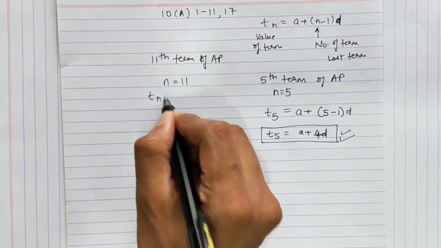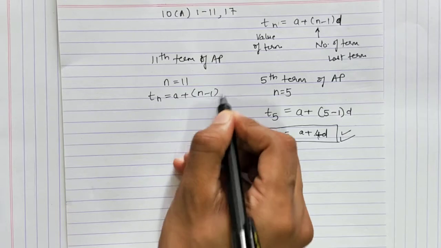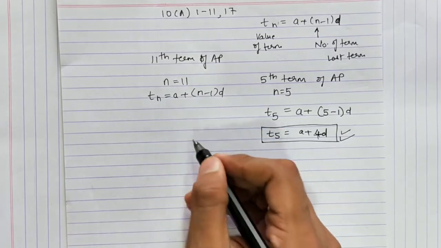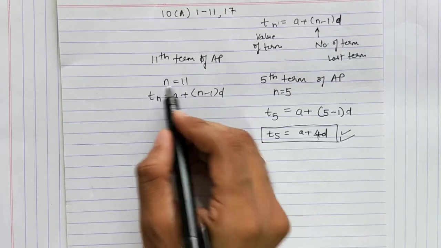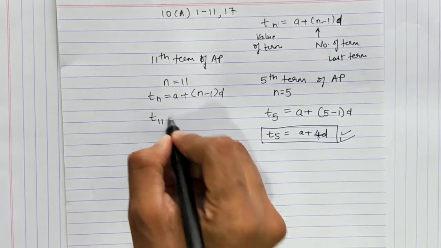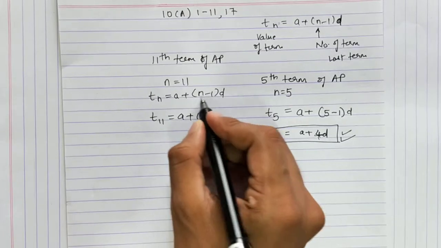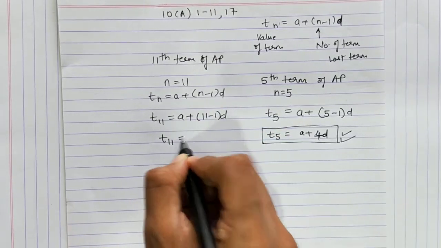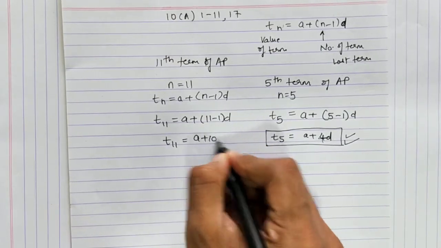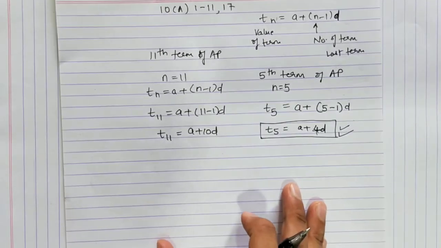So in the formula Tn is a plus n minus 1 d, for any AP, if we have to find the 11th term, n is 11, so this will become T11 equals a plus, here I'll put 11 minus 1 d. So the 11th term will be a plus 10d, correct?